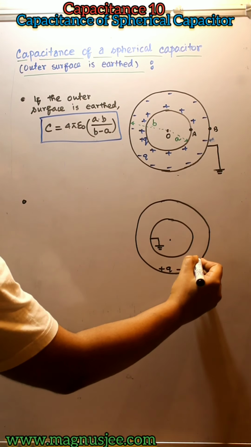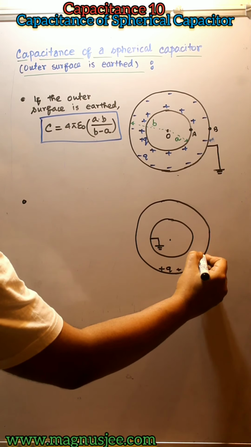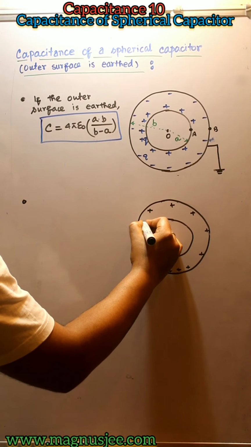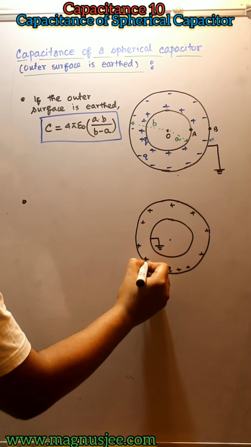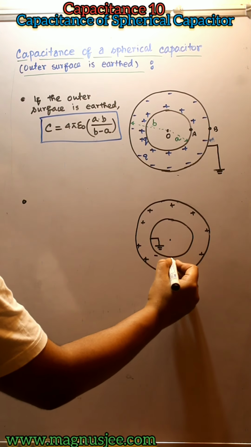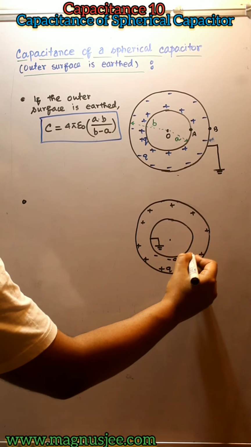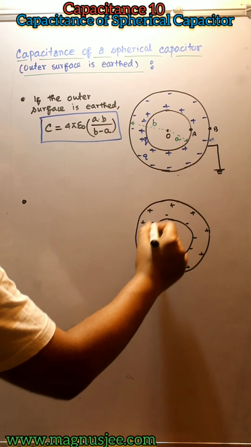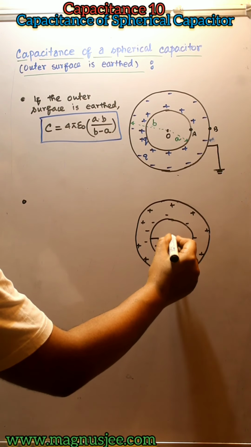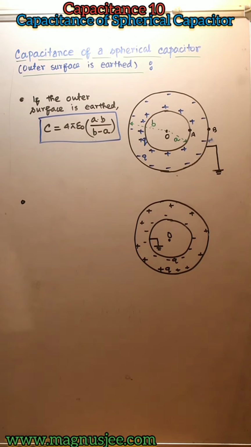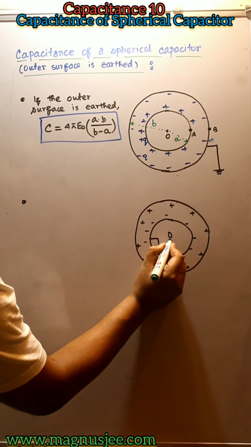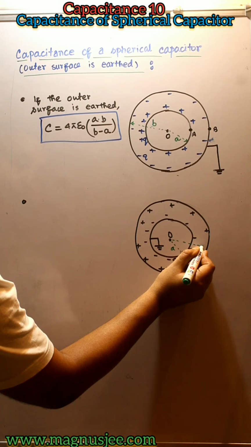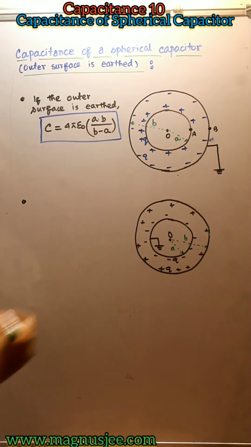to the inner surface of the outer shell. Positive charge plus Q is given to the inner surface of the outer shell B, and there will be induced negative charge minus Q on the inner surface of the inner shell. O is the center of this spherical capacitor, a is the radius of the inner shell, and b is the radius of the outer shell.